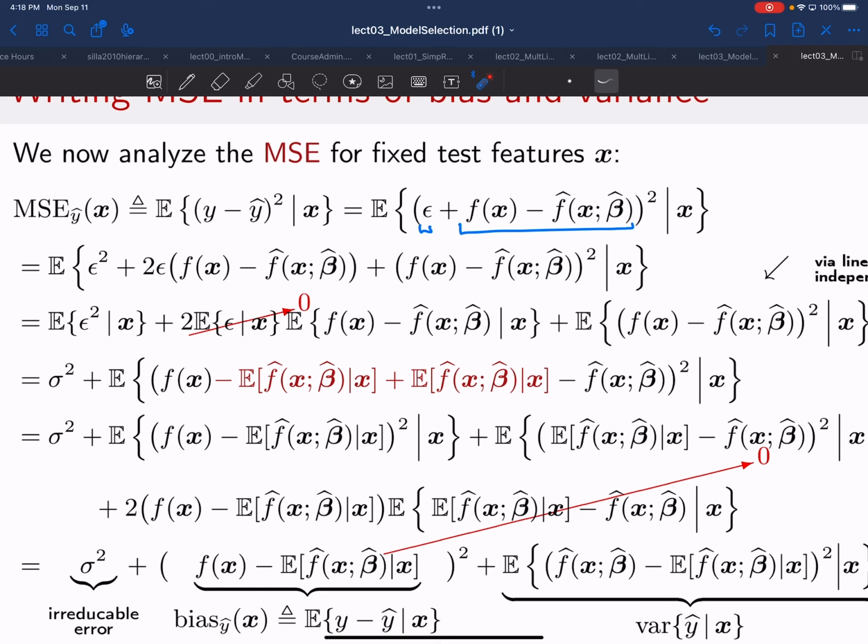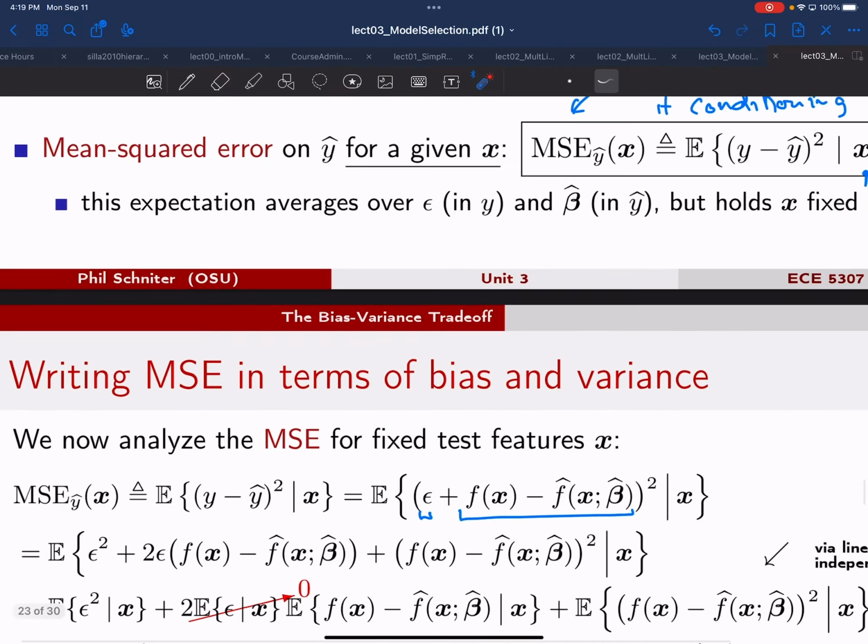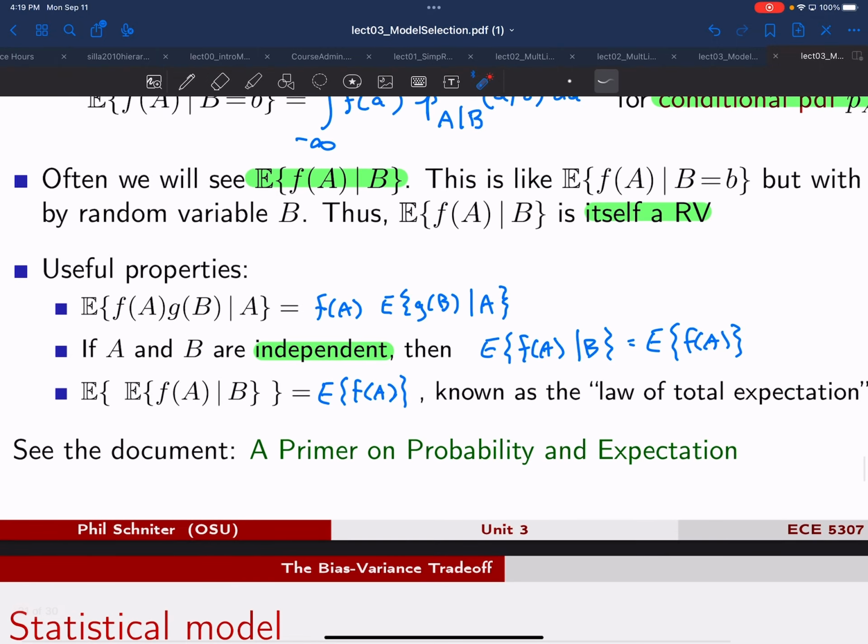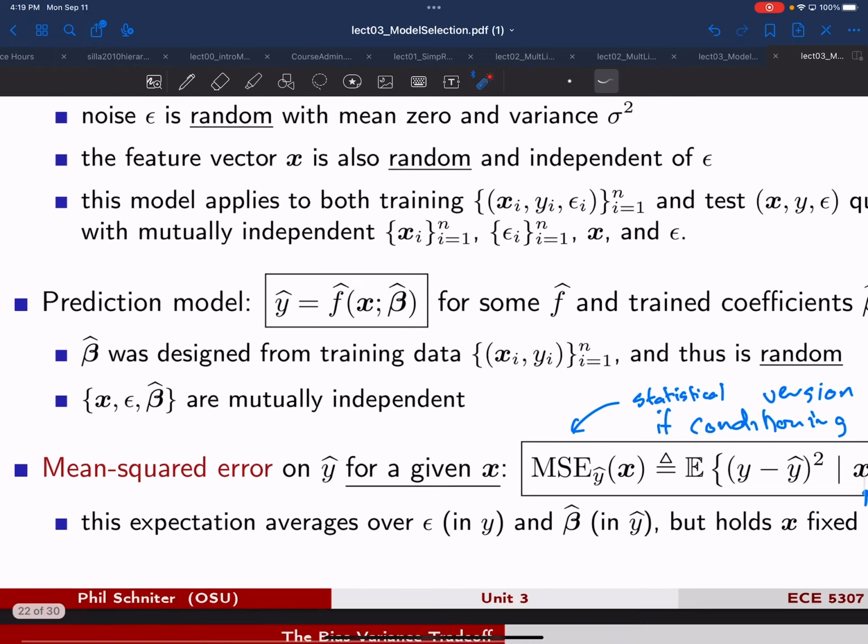Now we can go a little further. Let's look at the first part. Here we have the expected test noise given the test features. Is the test noise dependent on the test features? No, they're statistically independent. That means that conditioning on those test features has no effect on this expectation. We can basically ignore it for the purpose of the expectation.